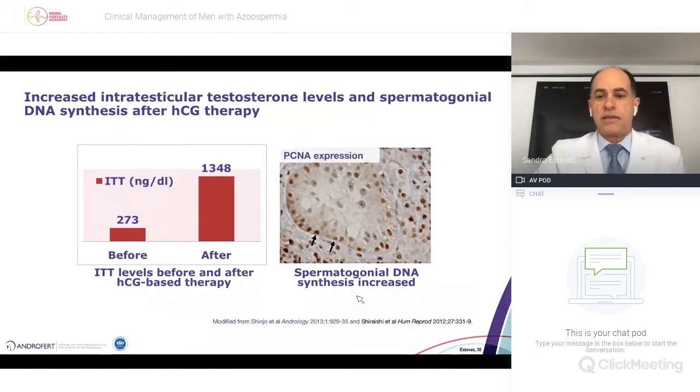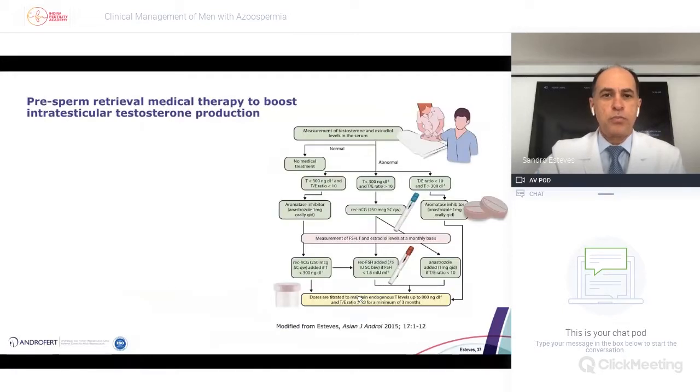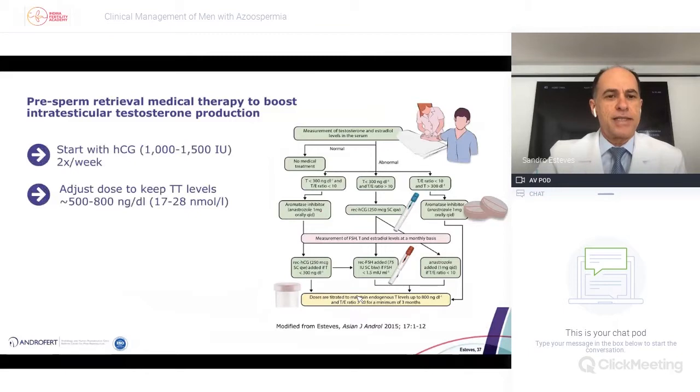So in our center, we use an algorithm, a protocol that we developed to boost intratesticular testosterone production. The protocol was published in a paper in the Asian Journal of Andrology in 2015. I shared this literature with you. You can go through it again, but briefly, we start with HCG twice a week, 1,000 up to 1,500 international units.